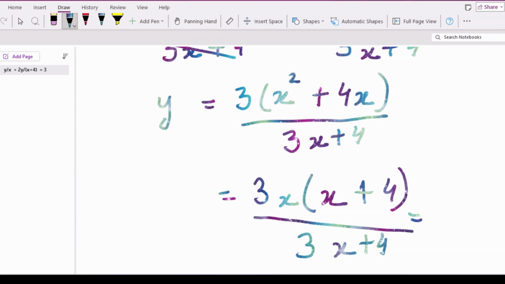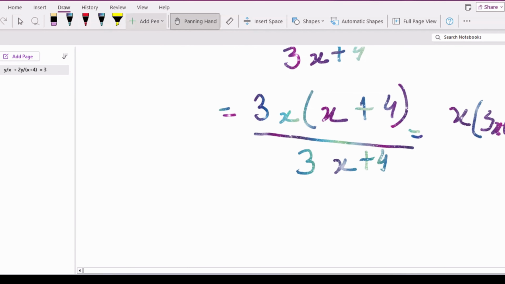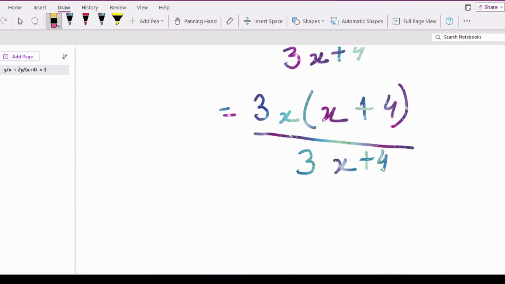Or you can even distribute the 3, so there can be different versions. It can also be x into 3x plus 12. Never mind, I think we just put it down there anyways. Okay, I'm running out of space here. Maybe I can put it down in the bottom.